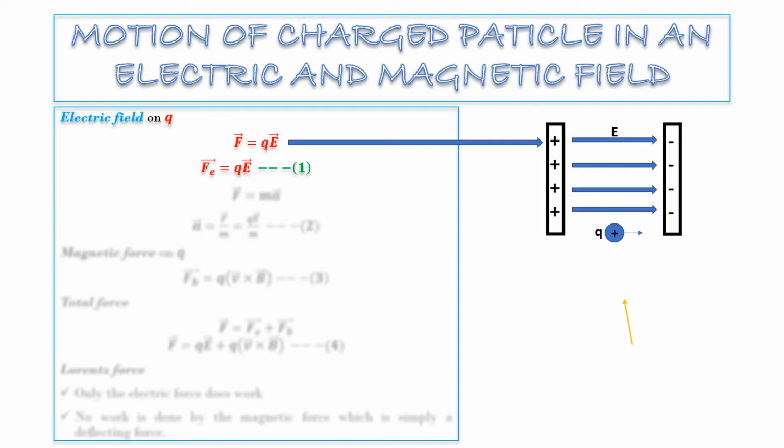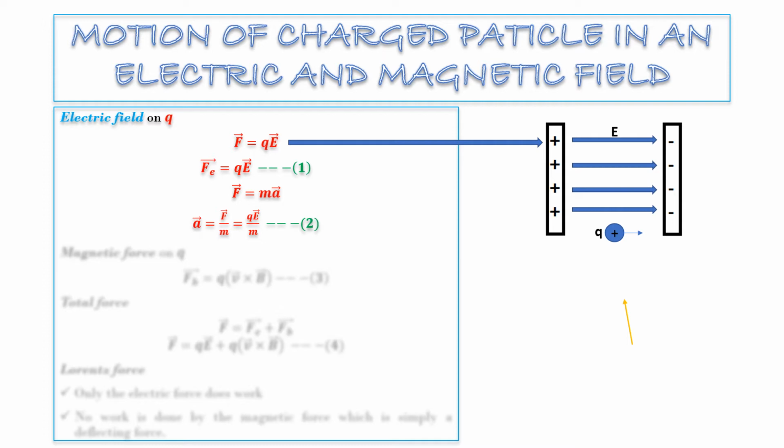Put as equation 1. Then there is the basic force equation from Newton's law of motion, F equal to ma, where m represents the mass of the particle and a the acceleration of the particle. From this expression we find the value a equal to F by m.